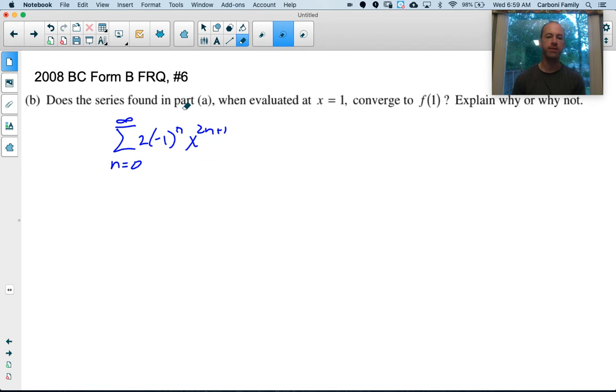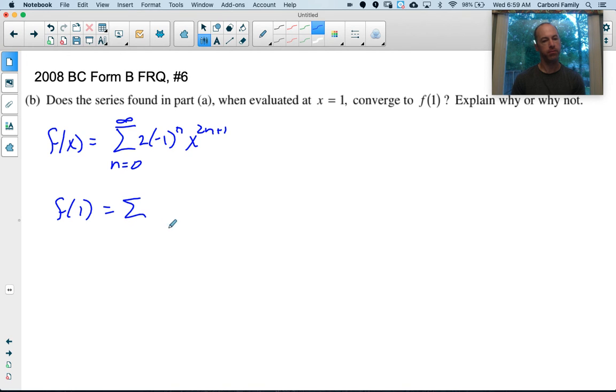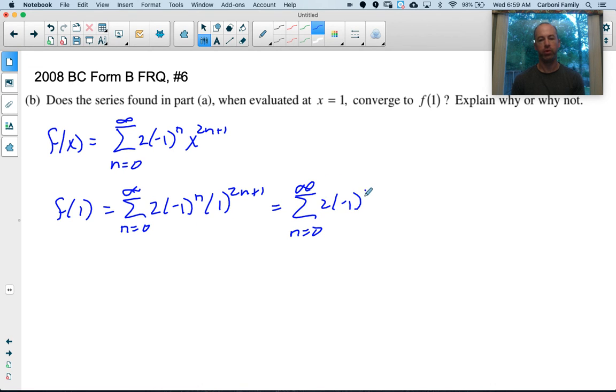Okay, so there is the series for f, and they're asking about f of 1. So f of 1 would be the series n equals 0 to infinity, 2 times negative 1 to the n times 1 to the 2n plus 1, which will be the series 2 times negative 1 to the n, because 1 to the 2n plus 1 will just be 1.